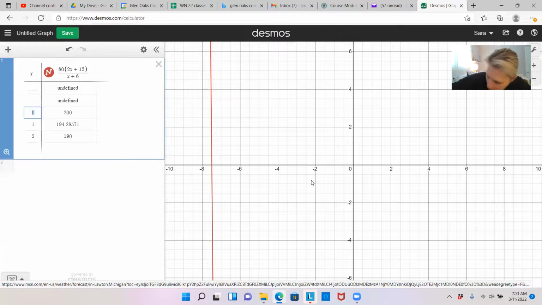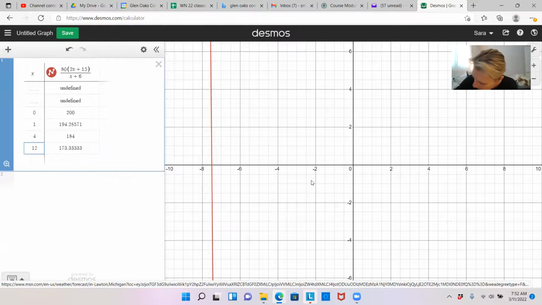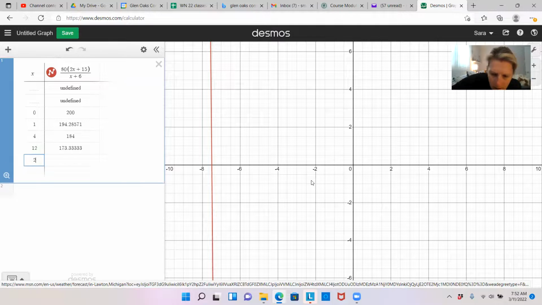We've got 0. And then we said after 1 week, it rounds to 194.29. After we wanted 4 weeks, so after 4 weeks, it's 184. Then you can hit return and do 12 weeks. They weigh 173.3. And then after 24 weeks, they weigh 168. So after 24 weeks, which is approximately 6 months, they have lost about 32 pounds.